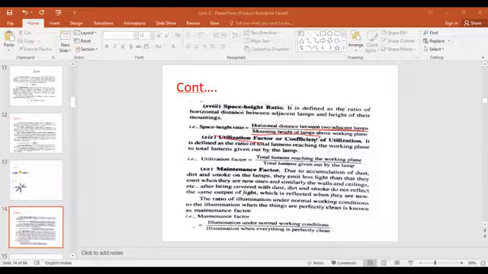So it is the total lumen reaching the working plane to the lumen given out by the lamp. The number of lumens given out by the lamp is more, and this is less, so this factor is less than unity. Now maintenance factor.